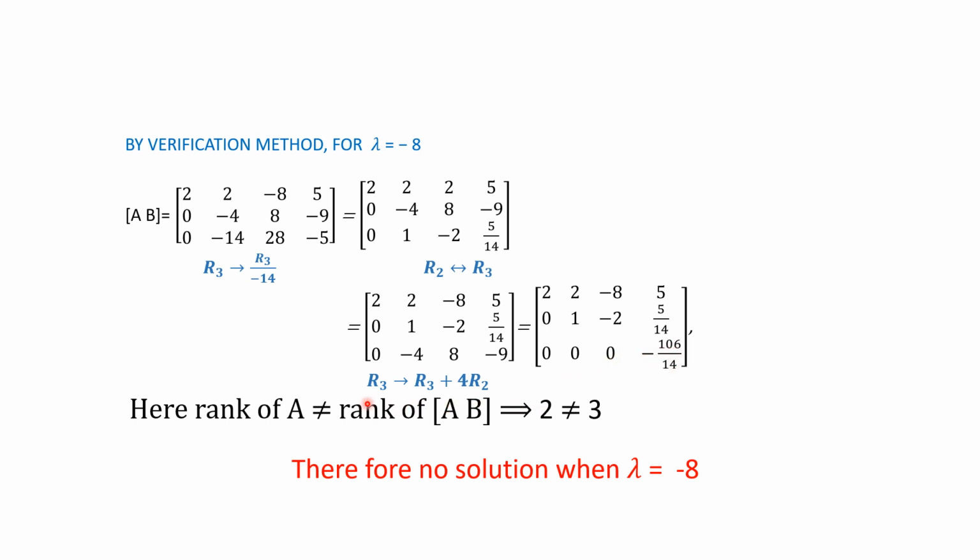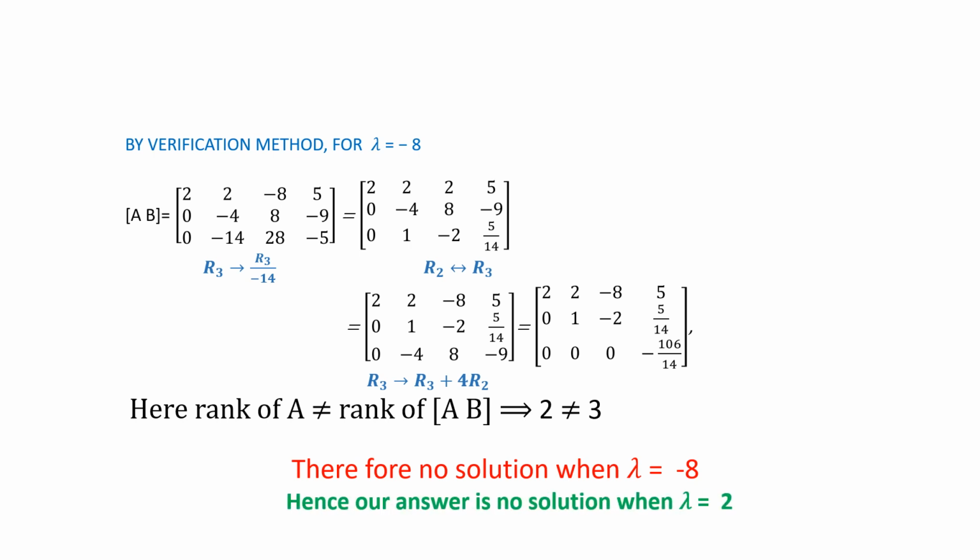Here also we observe that the rank of coefficient matrix A is 2 and the rank of augmented matrix AB is 3. Therefore, rank of A is not equal to rank of AB. Then the given system is inconsistent. Therefore, no solution when lambda equal to -8.